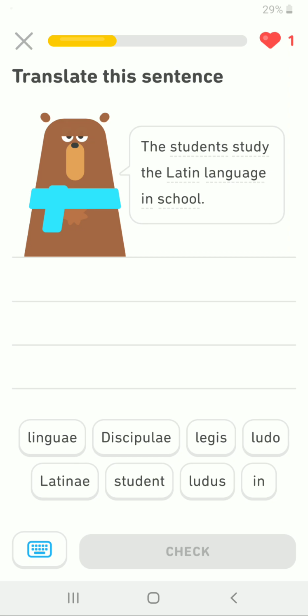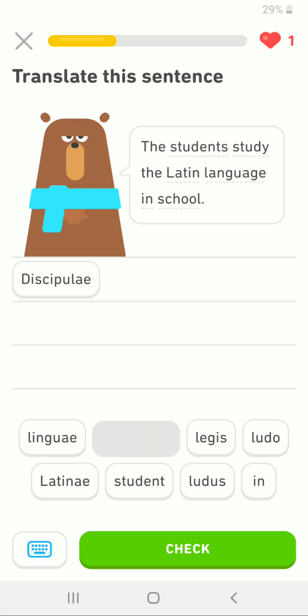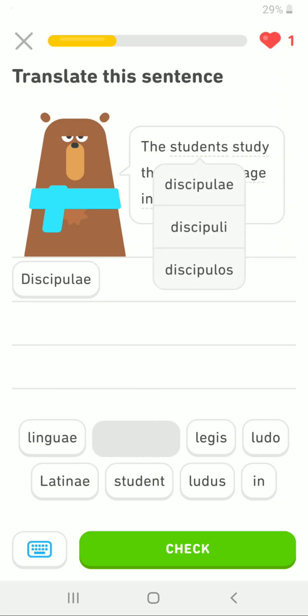But the way that you have discipuli, why is it discipuli? That's a question here. Discipuli. Oh, okay. Is it because discipulus, discipuli, right?